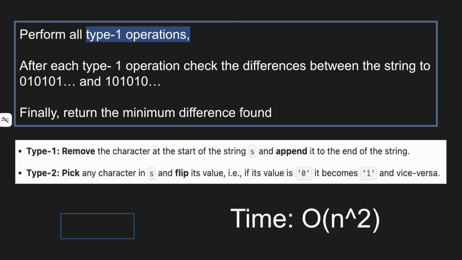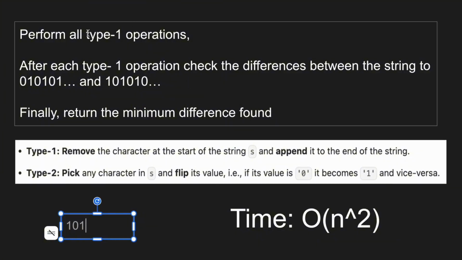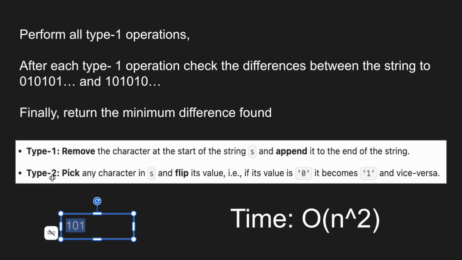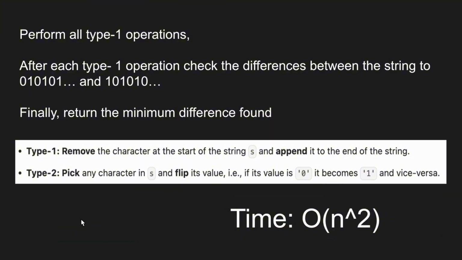If we have a string like this, we bring this to the back, and then we take this and do this again, so it takes n time to test all combinations, and for each one we will look at the number of differences from this to this. That's why it will take O of n squared if we solve it this way. So there's actually a more efficient way to solve this problem, and we can go over that right now.